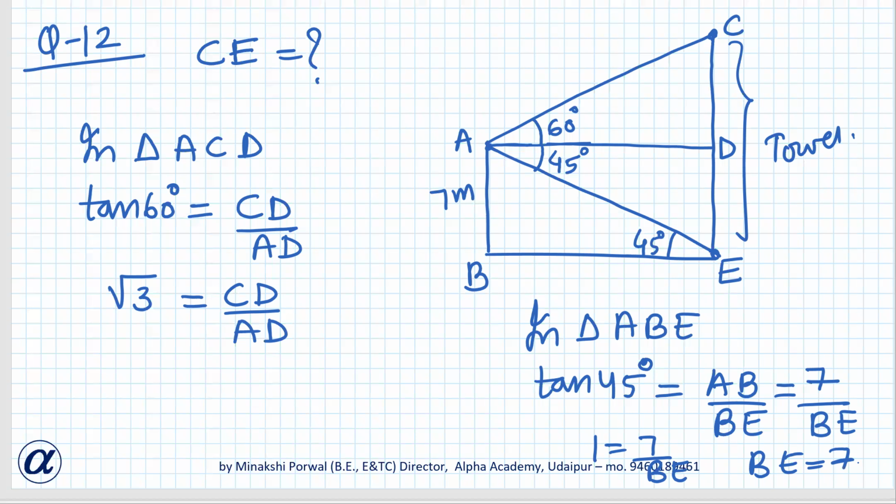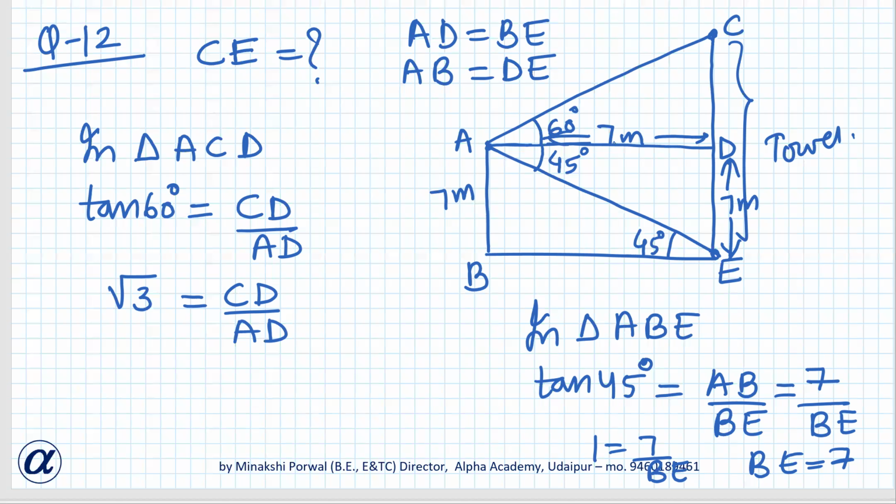Now from the figure, AD is equal to BE, and AB equals DE. So DE is 7 meters, and BE is 7, so AD is also 7. Now when we substitute this value here, √3 equals CD upon AD, which is 7.